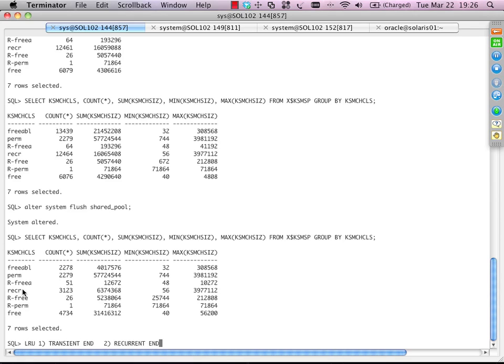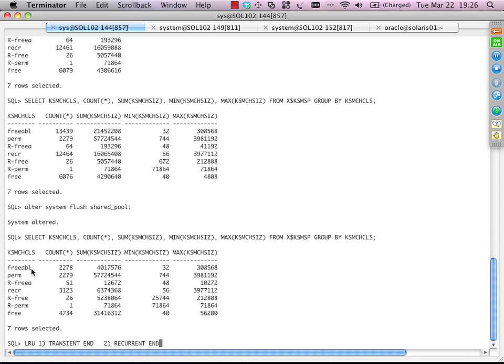You know, chunks like dictionary cache. You can always load your data back from the data dictionary, so therefore dictionary cache is recreatable. Your query execution plans and query text are also recreatable, because you can always rerun your query and it can always be re-optimized. So anybody can throw away recreatable chunks which are not pinned.